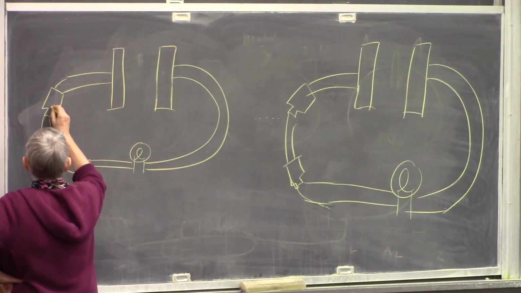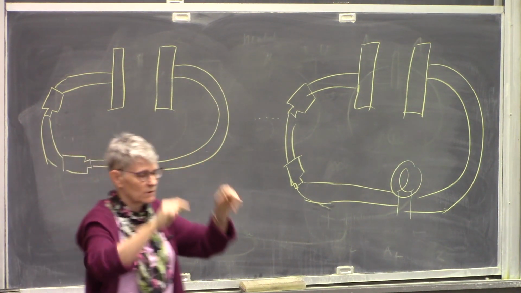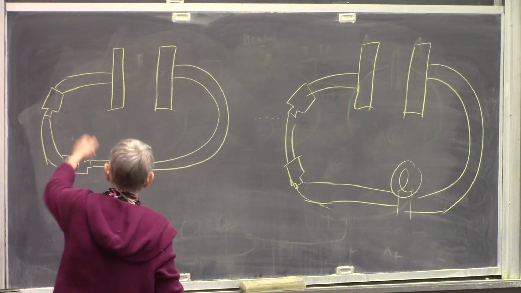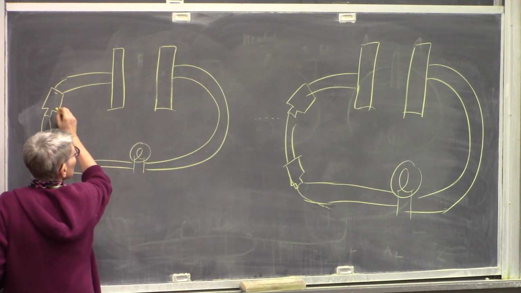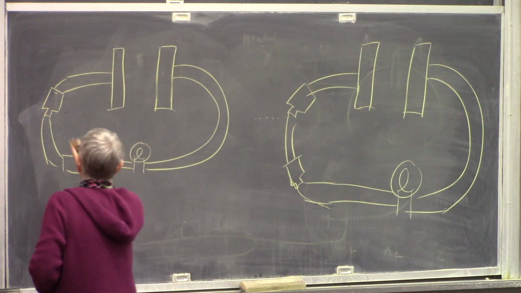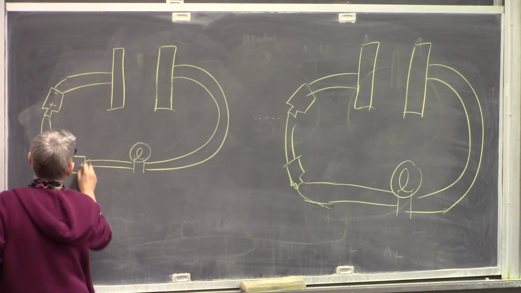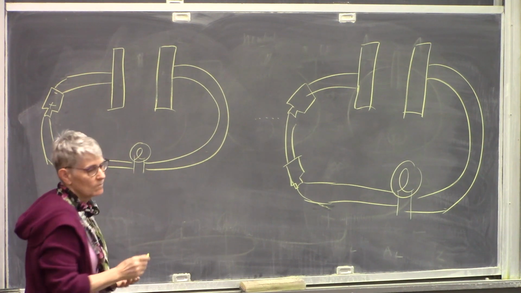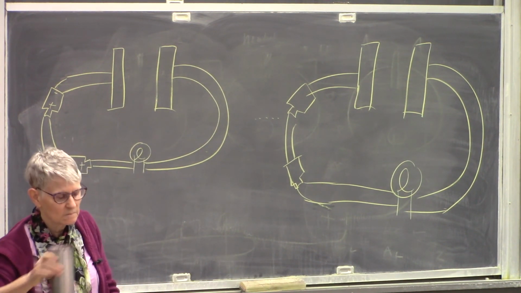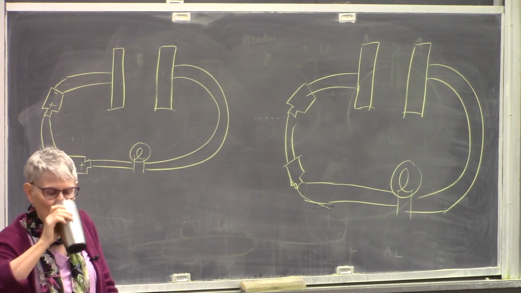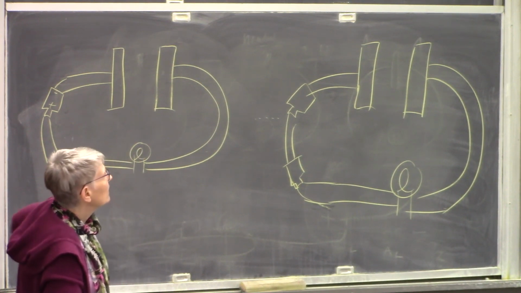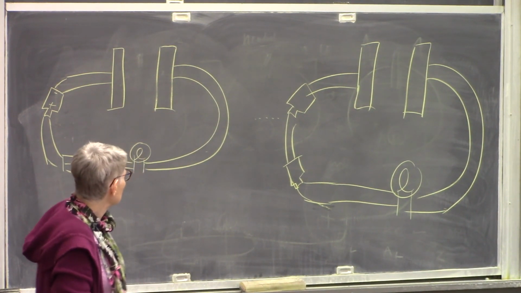So the end of the battery with the knob is the positive end, and the end without the knob is the negative end. So in this diagram, that's negative. Okay, so what do we have here for the initial situation?